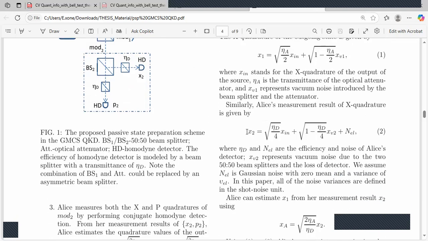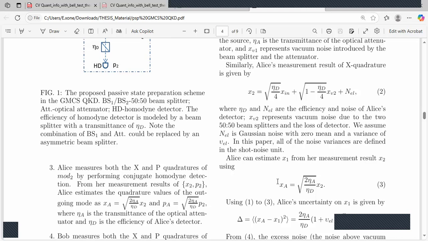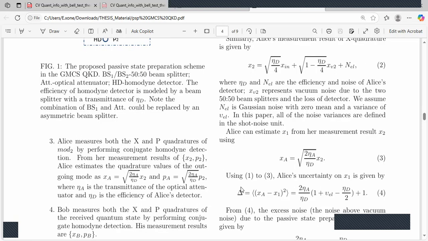Alice's measurement is shown by this x2 value, and Alice is going to estimate the outgoing mode with this expression. The overall uncertainty of Alice's measurement is going to be quantified with variance.